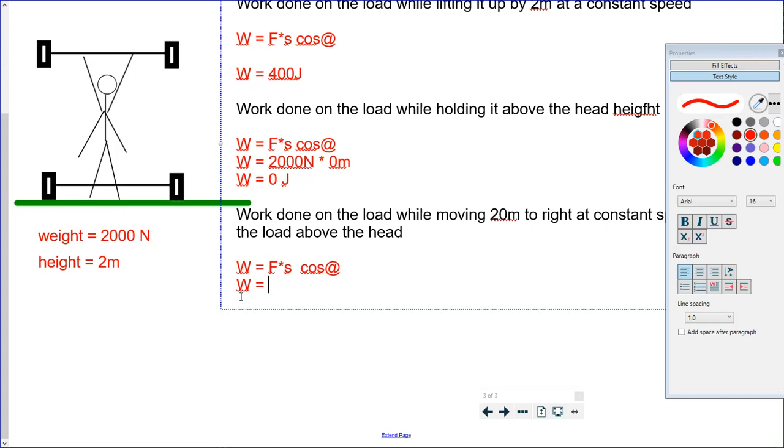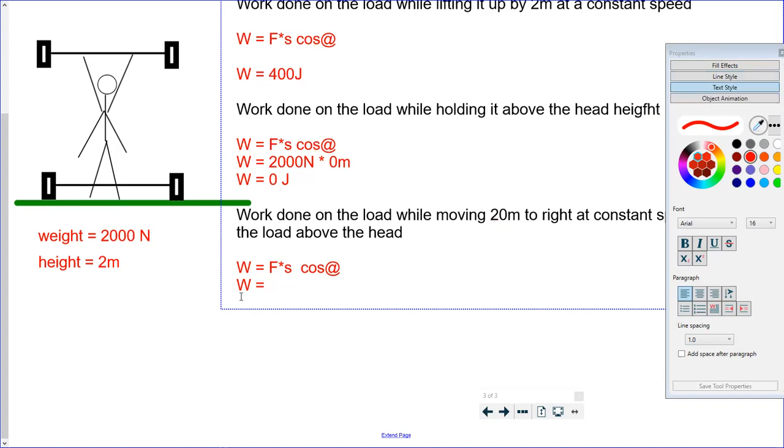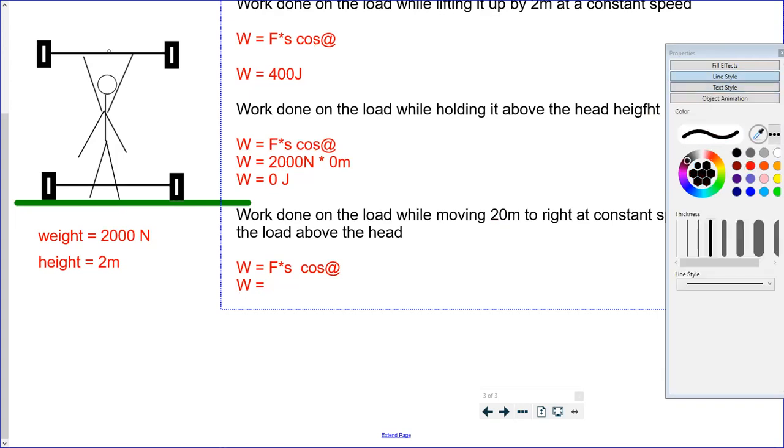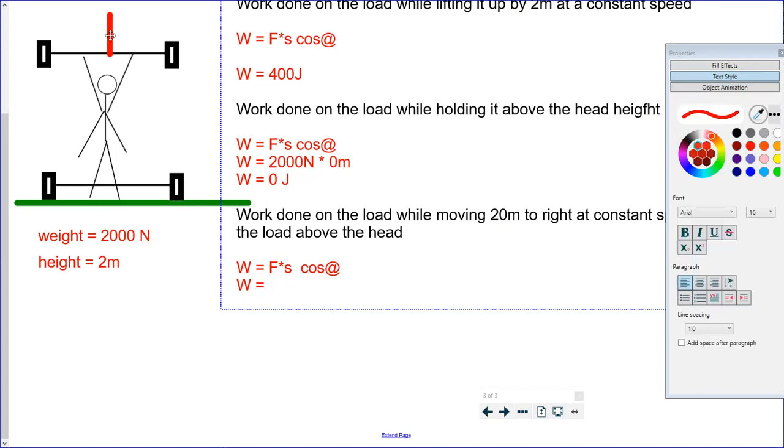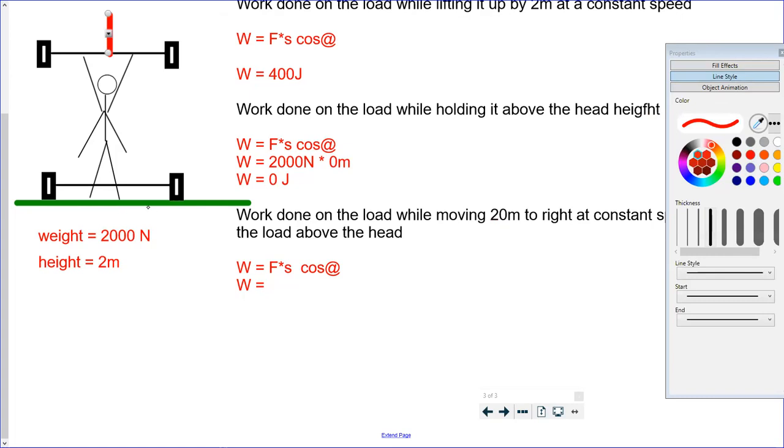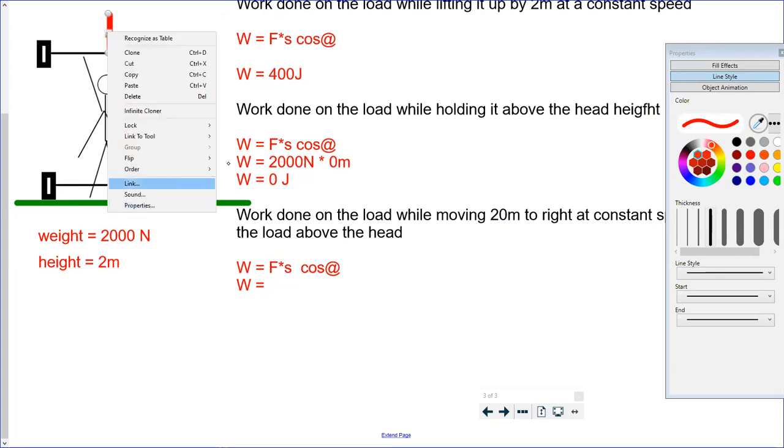Look in the figure. I drew it in the figure as well. So we are exerting a force that is upward. Yes. So if you put cos 90, what will you get? 0. That's the reason. Although you have the force, although you have the displacement, still it's 0.